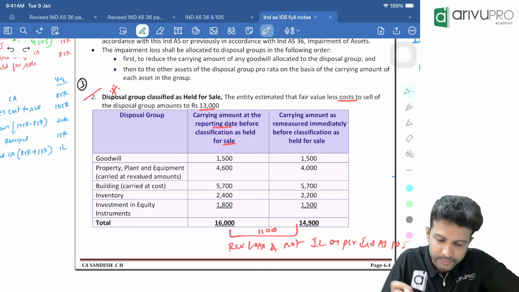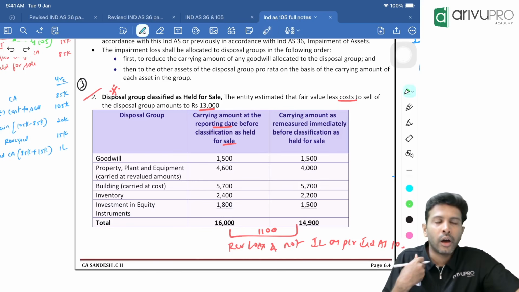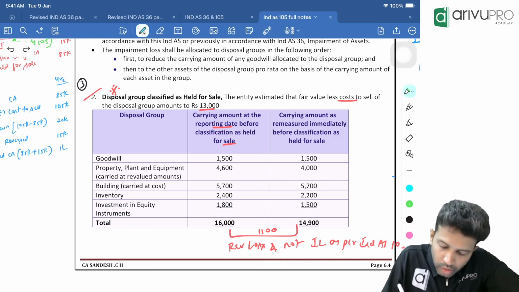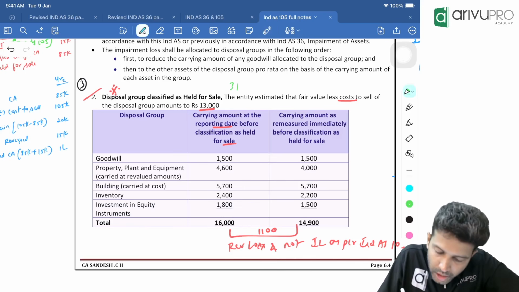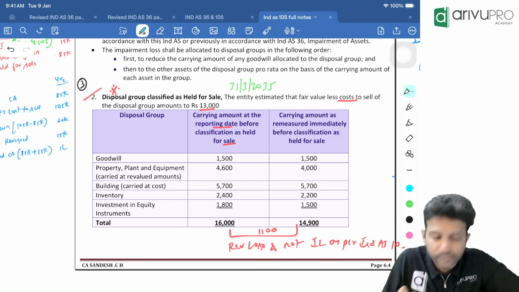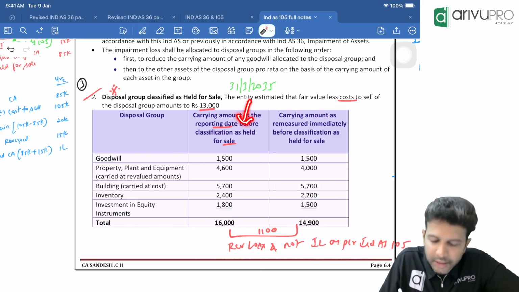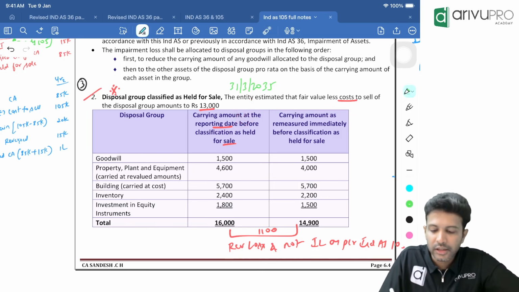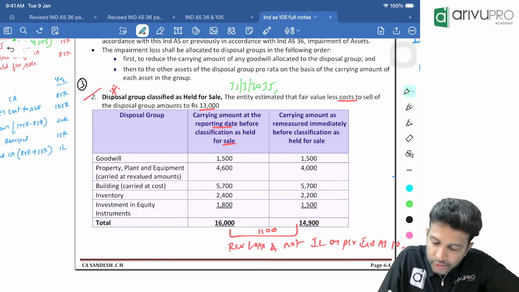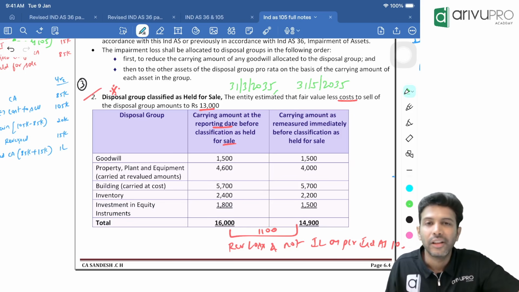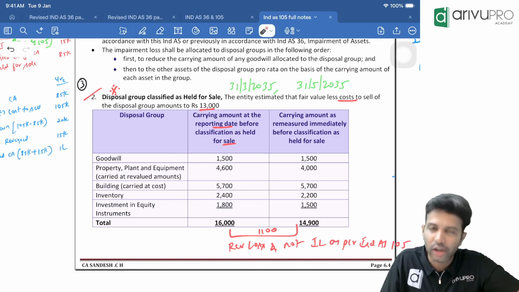Let's say like this: on 31st March 2035, 31st March is usually the reporting date. Let's say this disposal group's held for sale criteria got satisfied on, let's say, 31st March 2035.